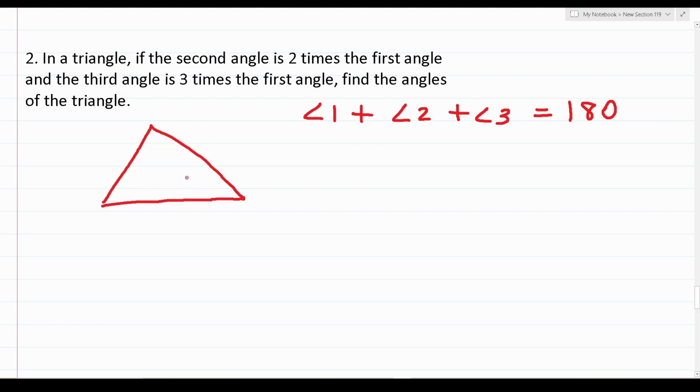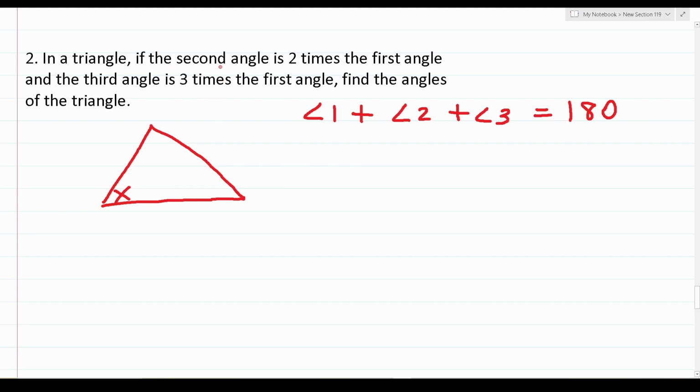And it seems to me that both angle 2 and angle 3 reference angle 1. It says the second angle is 2 times the first angle, and the third angle is 3 times the first angle. And we don't know any of those values. So I'm going to let angle 1 be x. And let's go from there.